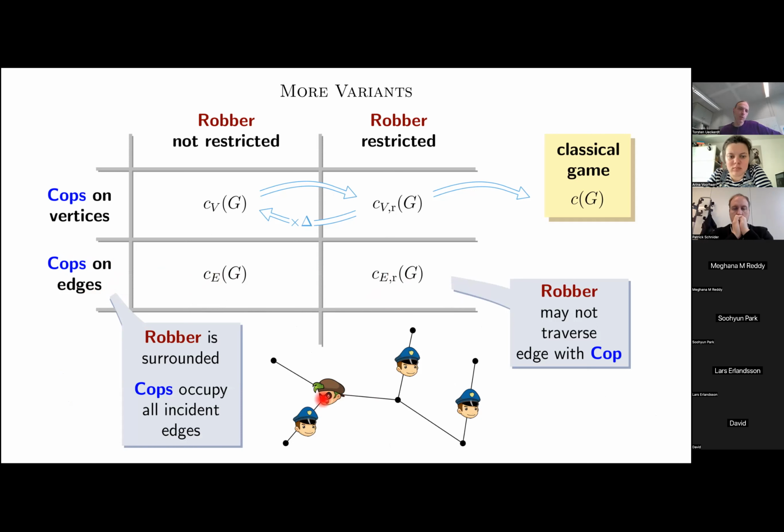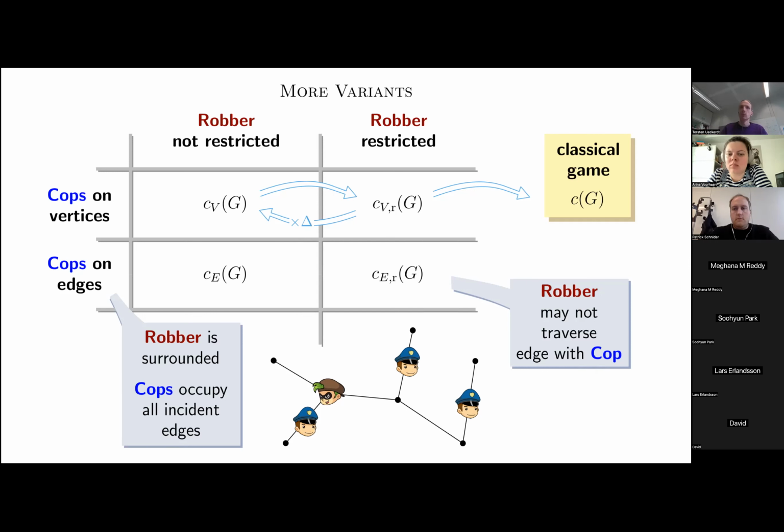So the robber is still on the vertices and the cops are on the edges. And the robber is surrounded if the cops occupy all the edges incident to the robber vertex. Think of a city, and the robber is always on the crossings, and the cops are blocking streets.